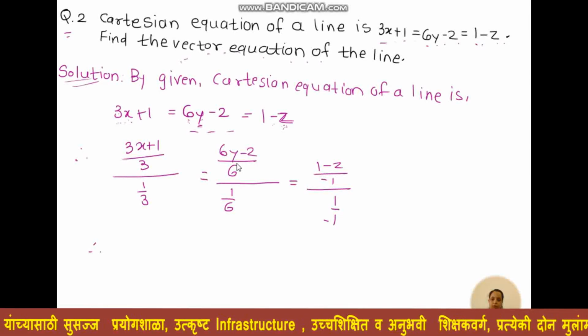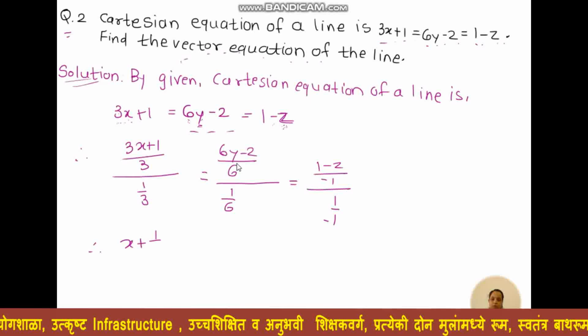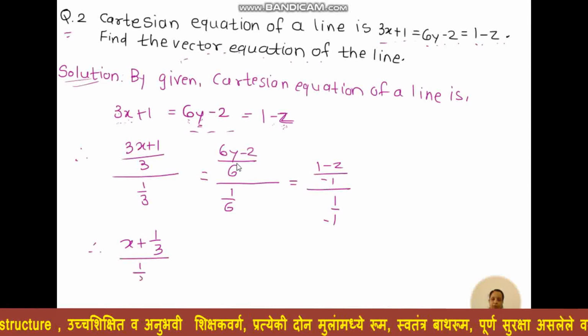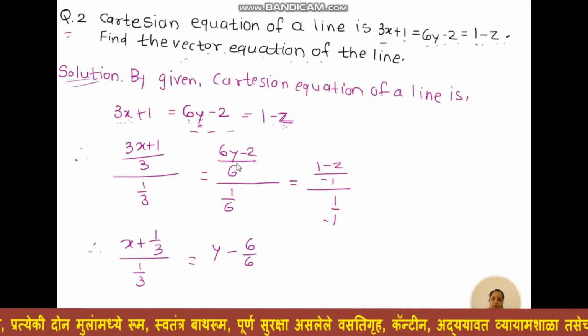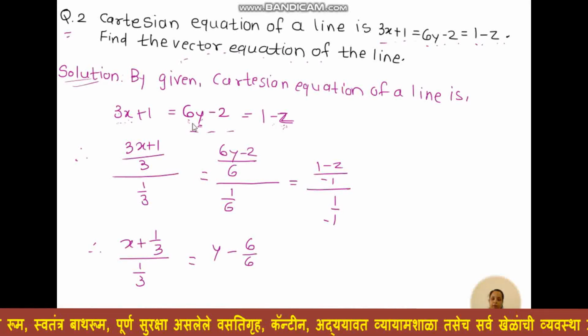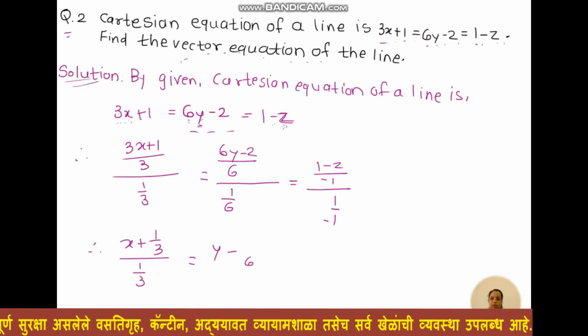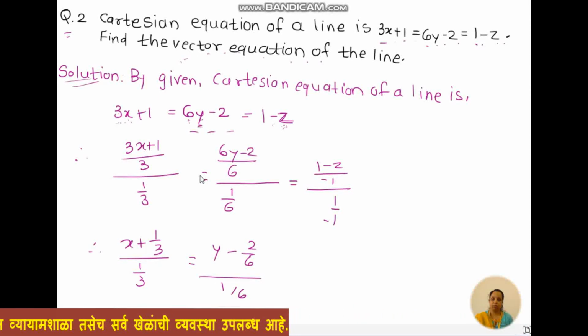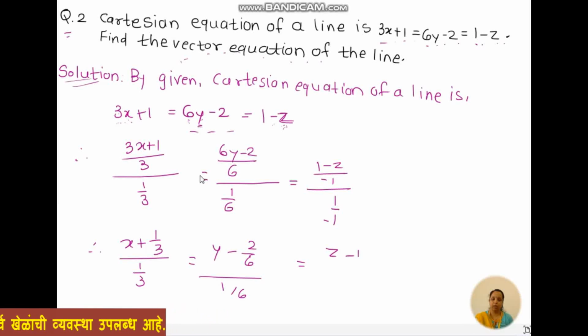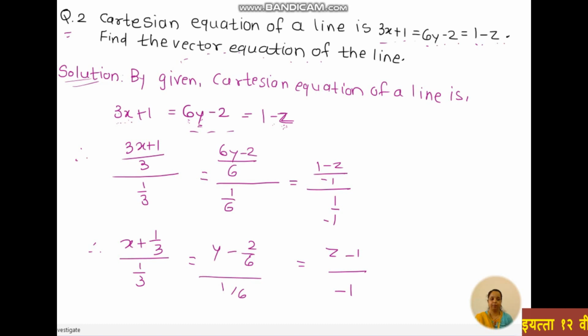Therefore, (x plus 1 upon 3) by 1 upon 3 is equal to (y minus 2 upon 6) divided by 1 upon 6, which is equal to (z minus 1) divided by minus 1.